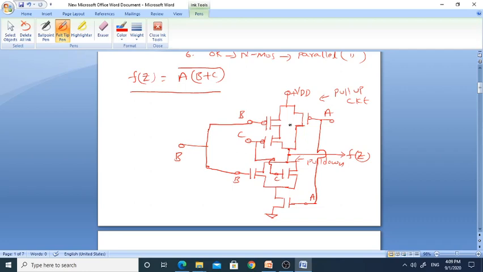This is called the pull-up circuit, and this is called the pull-down circuit. Like that we can implement a Boolean function by using CMOS transistors. Thank you for listening.